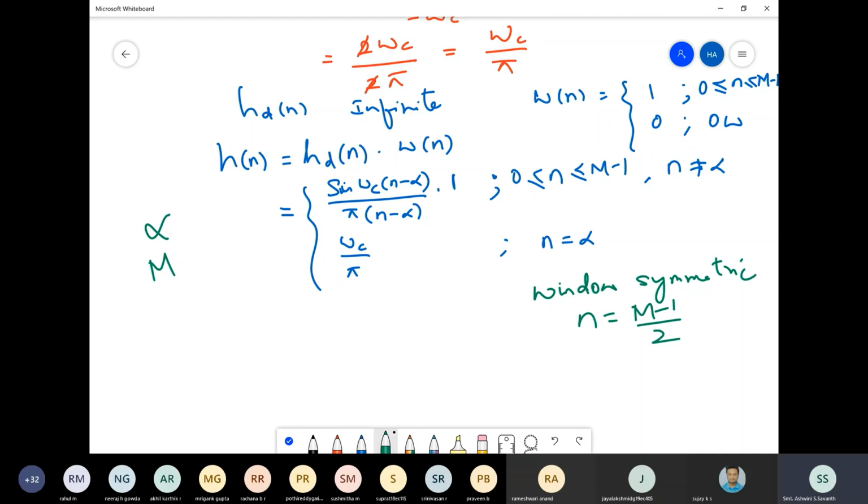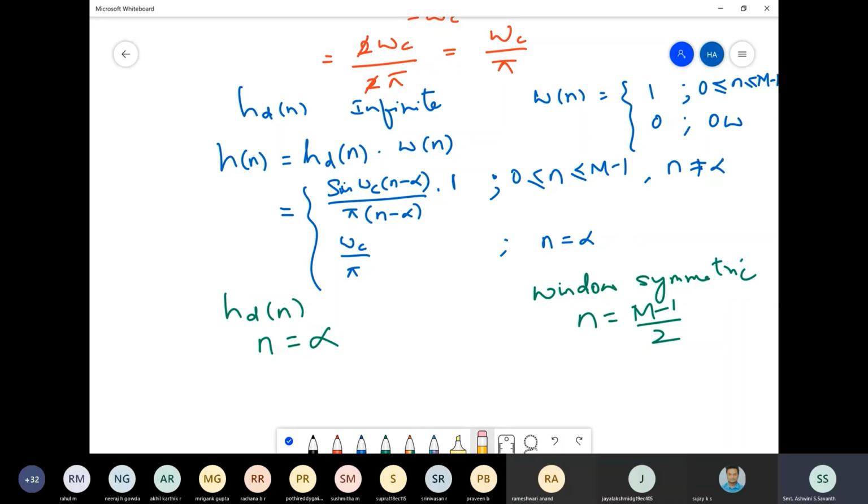Then hd of n, that is this sinc function which we have got, is symmetric about which point? I told you n equals alpha, it is maximum, and then it gradually tapers down.